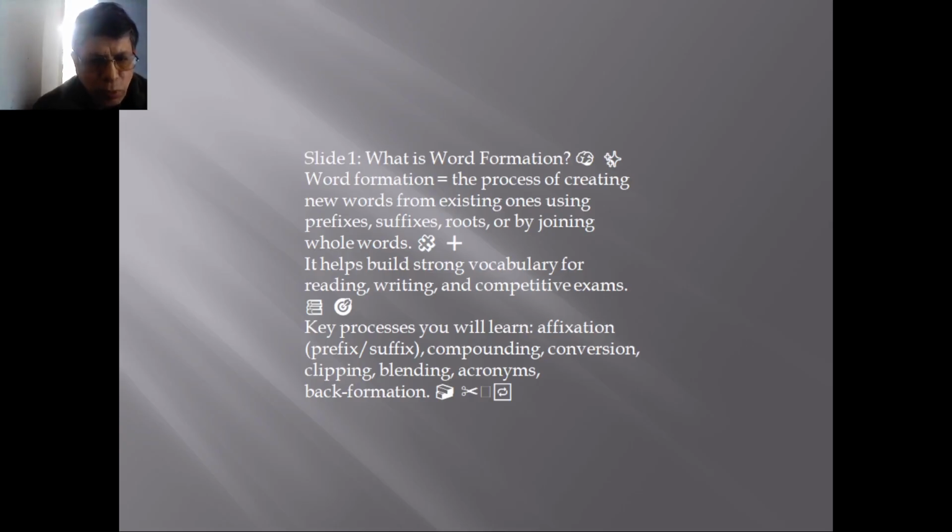Key processes you will learn are affixation of prefix and suffix, compounding, conversion, clipping, blending, acronyms, and back formation. These are the ways new words can be formed. Let us move to the main slide.